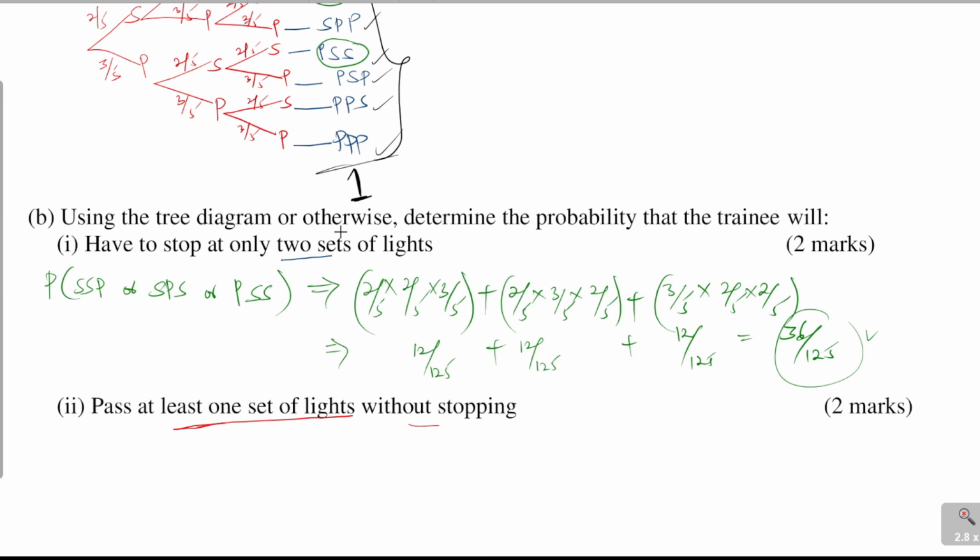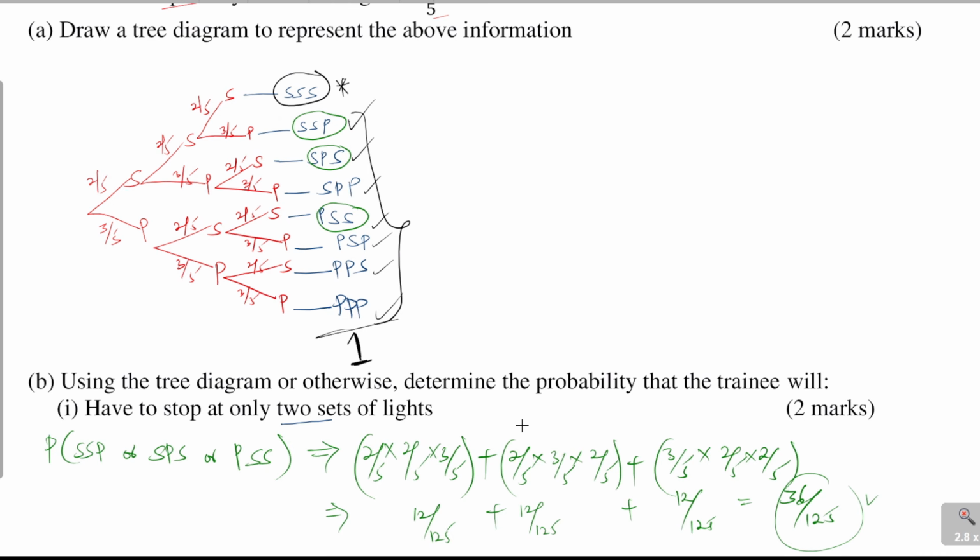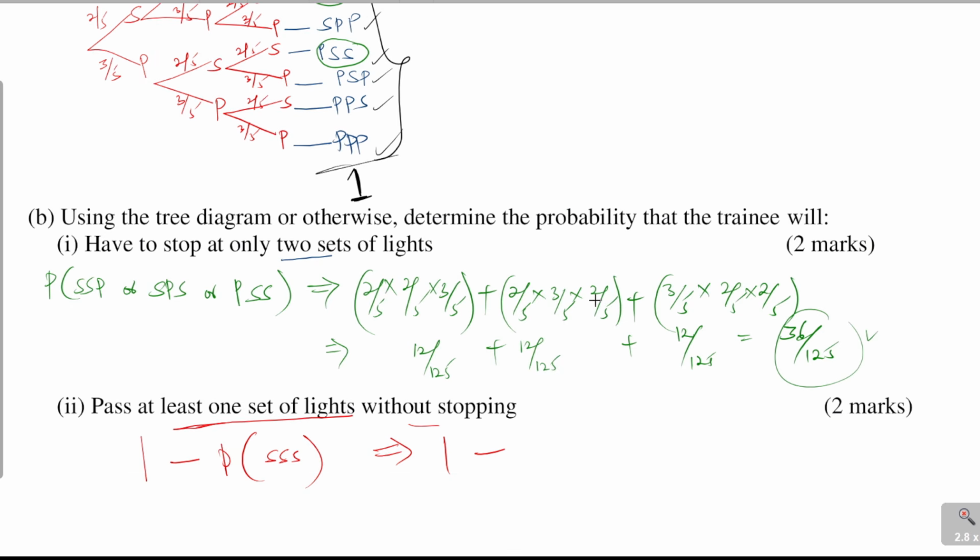So I'll go by the shortest one, whereby I will simply take 1, then subtract the probability of stopping at the 3. So by doing so, I will remain with the probability of passing at least one set of lights without stopping. So this will give 1 subtract the probability of stopping at the 3 sets of lights, which will be 2/5 multiplied by 2/5 multiplied by 2/5.